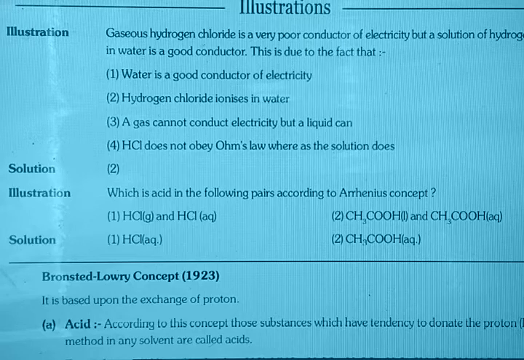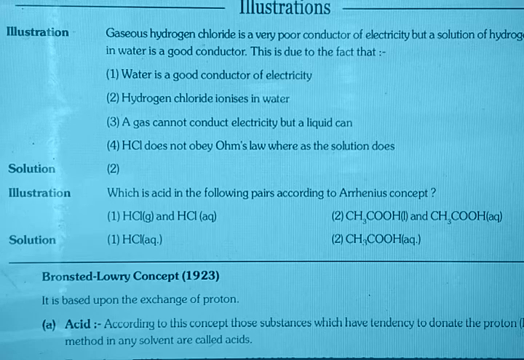Gaseous HCl cannot dissociate, but aqueous hydrochloric acid dissociates into H+ and Cl-. Similarly, liquid acetic acid will not, but in the aqueous solution of acetic acid it will dissociate into H+ and its anion.